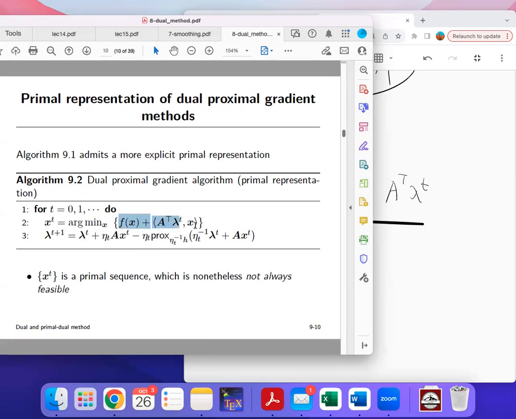You can see that this minimization problem is essentially something about the conjugate of f, because that's how we define the conjugate function. And the second step is basically a proximal gradient type step. It's from the Moreau decomposition.